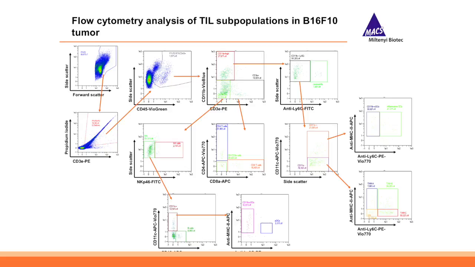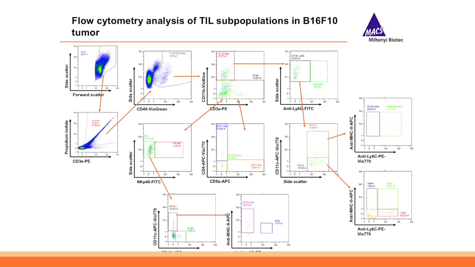However, as this very busy slide shows, the analysis of these tumor-infiltrating leukocyte populations can be very challenging, because the frequency of leukocytes inside the tumor can be extremely low. This in particular poses a problem for small populations that might escape analysis as they can get lost in the background noise.